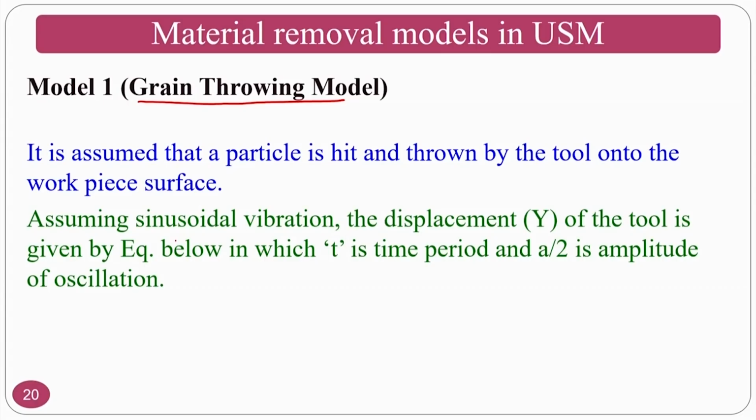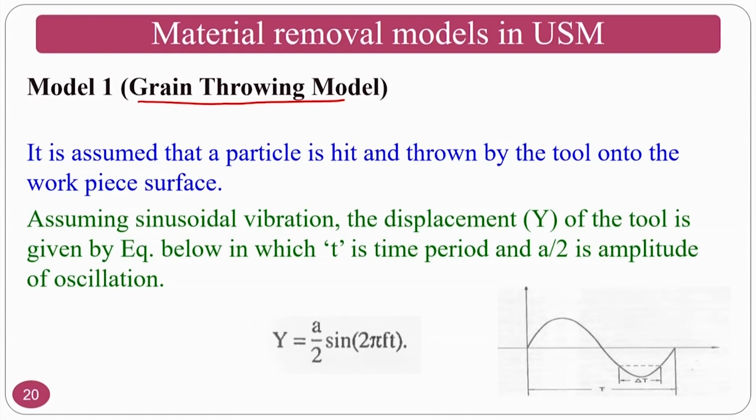Assuming sinusoidal vibration, the displacement y of the tool is given by the equation, where t is the time period and a by 2 is the amplitude of the oscillation. Normally, it is assumed that sinusoidal vibrations are given. If you see this particular equation, t is the time period and a by 2 is nothing but the amplitude of the oscillation.